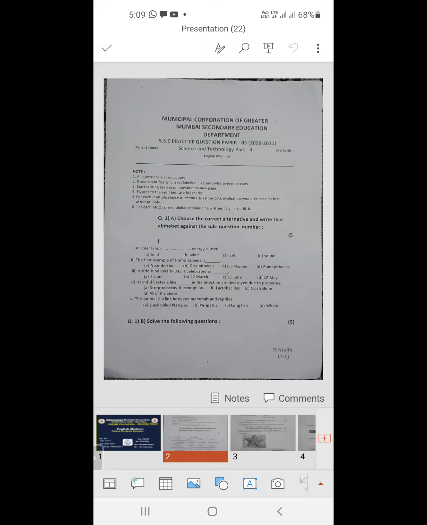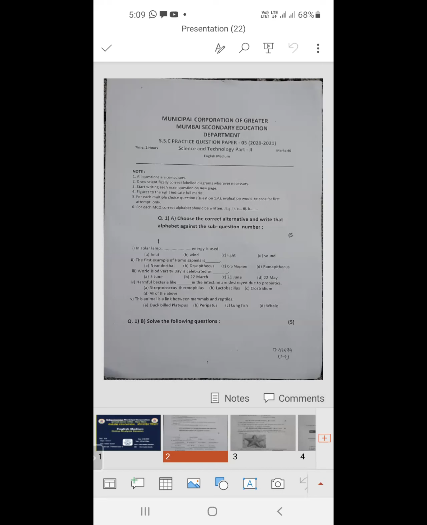For each MCQ, the correct alternative A, B, C, D with the sub question number is to be written as the answer. For example, it is given for the first question. If the answer is correct, then you have to write the correct option. If the options are A, B, C, D, and the correct option is A, then you have to write question number 1 and option number A. In this way, you have to solve the question paper.